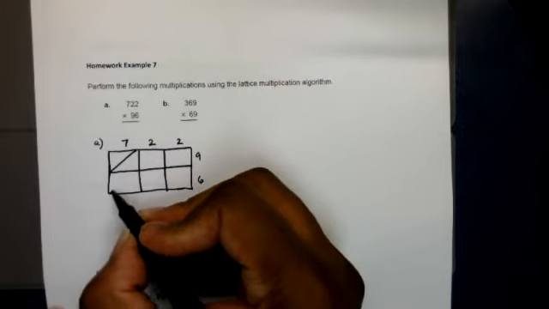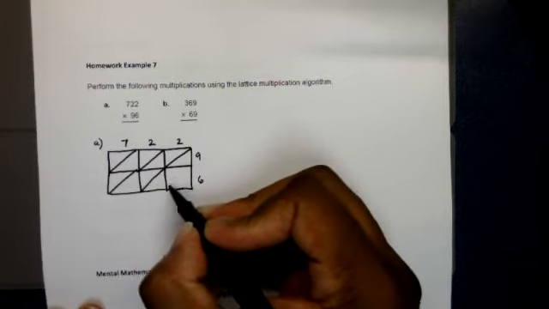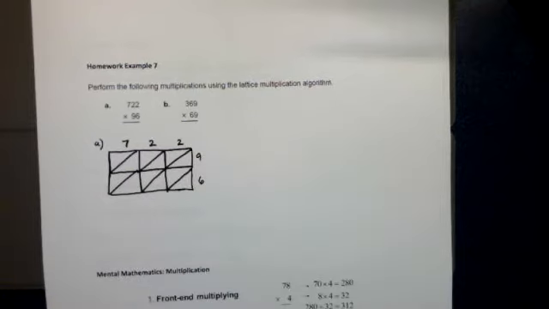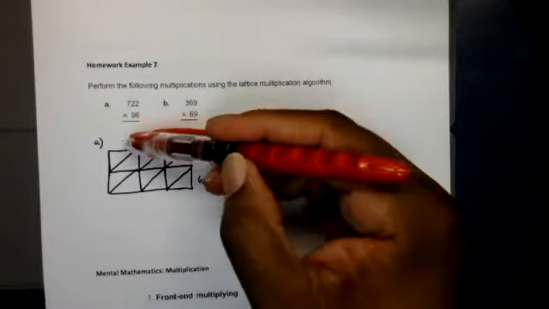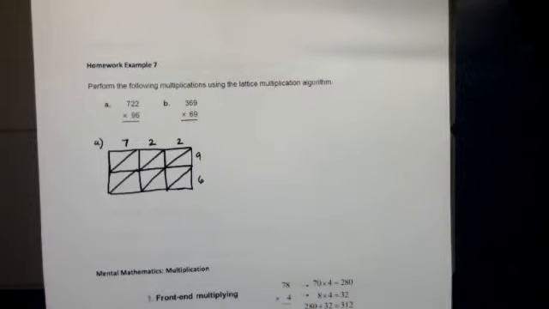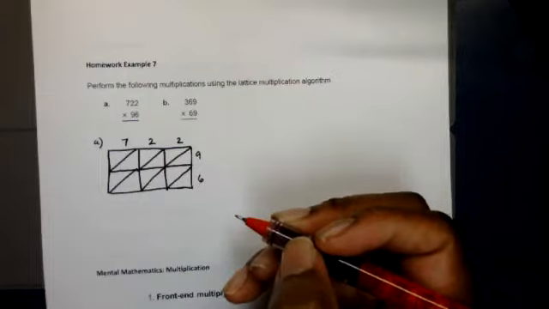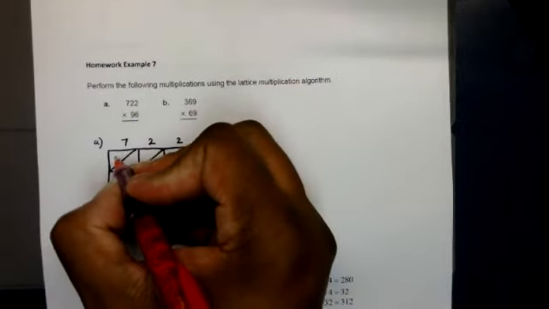And I'm going to have diagonals here, just like I did for the lattice approach for addition. Now, each digit on the top would be multiplied by each digit on the side, like 7 times 9, that's 63.